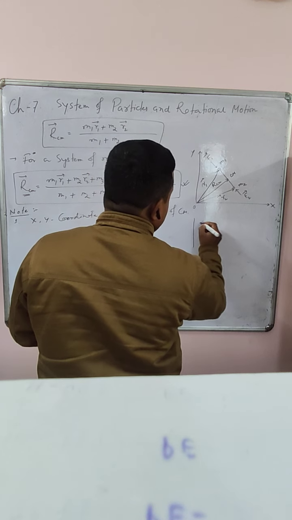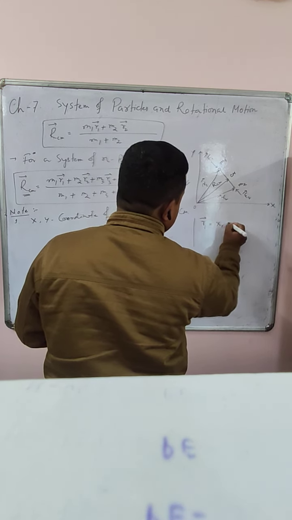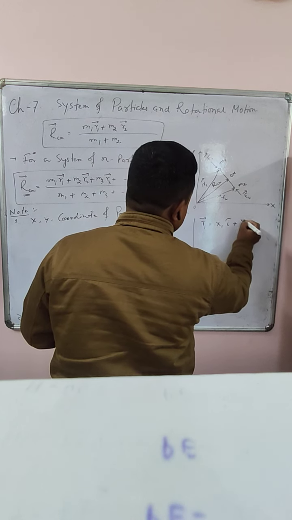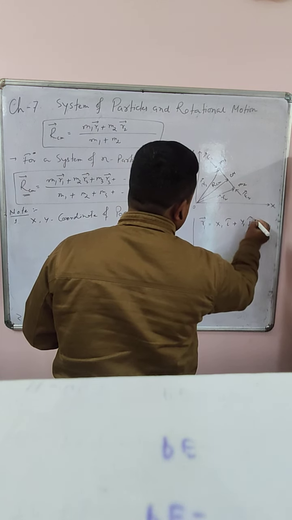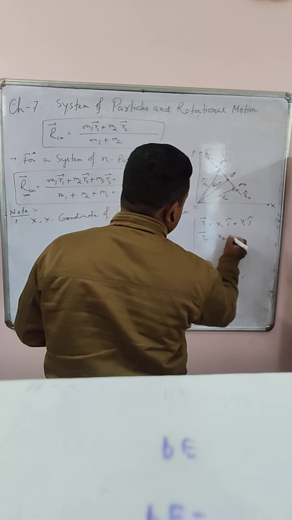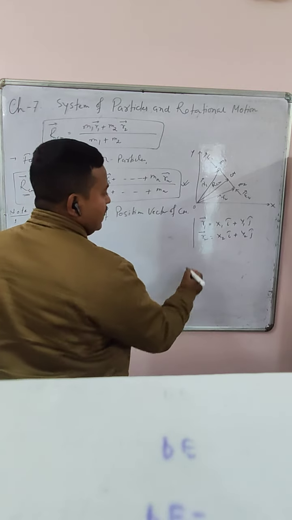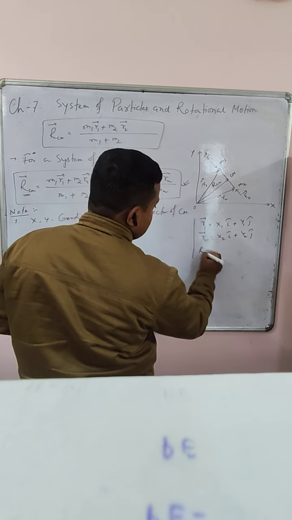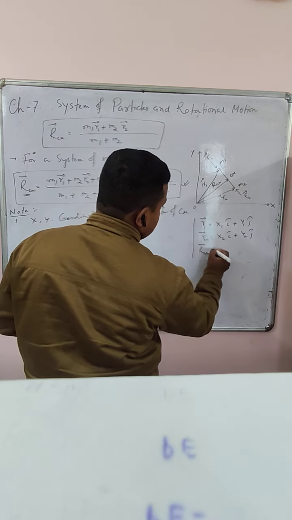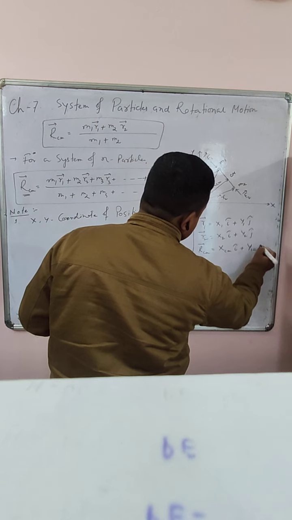You know r1 you can write simply as x1 i cap plus y1 j cap. Similarly r2 as x2 i cap plus y2 j cap, and RCM as xCM i cap plus yCM j cap.